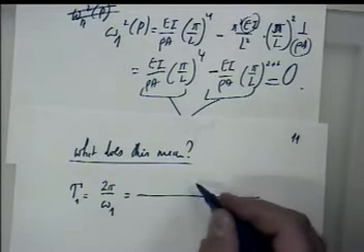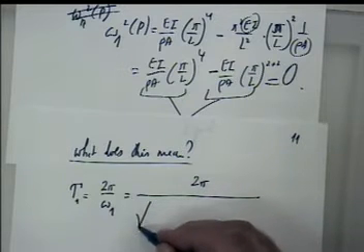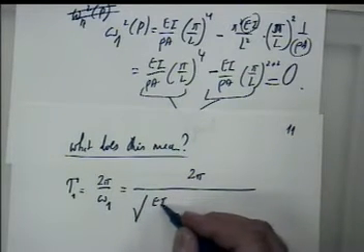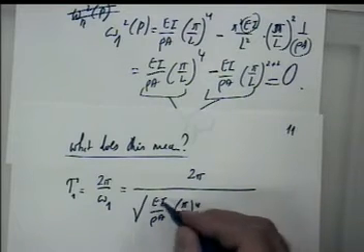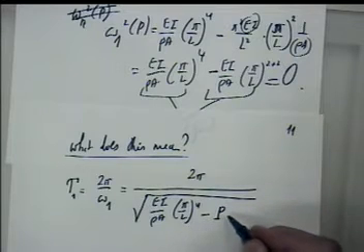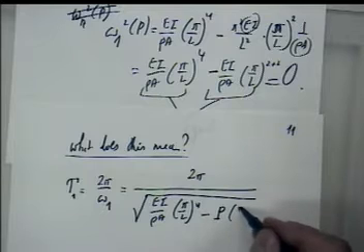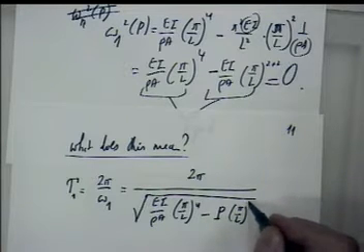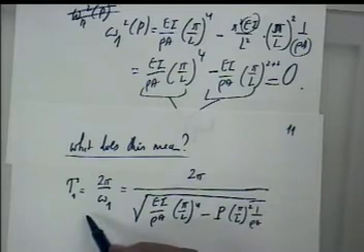We have omega 1 squared, so we have EI over rho A pi over L to the 4th power minus P, and then pi over L squared, and then there is 1 over rho A. So that is a period.